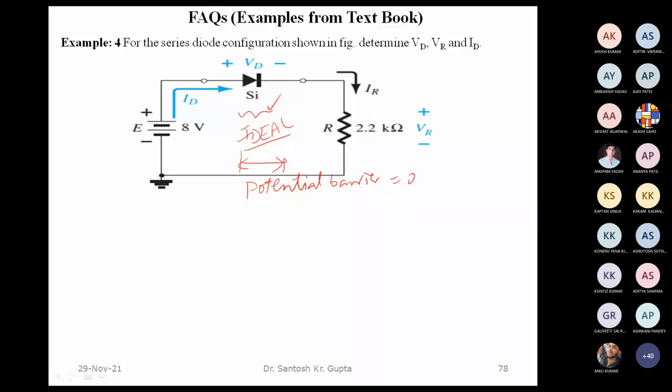Simply we can replace this diode with a short circuit and redraw our circuit as here. Then we can apply KVL in this loop, assuming the current I to be flowing.